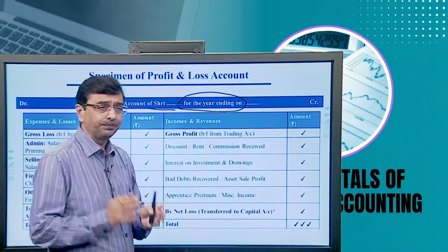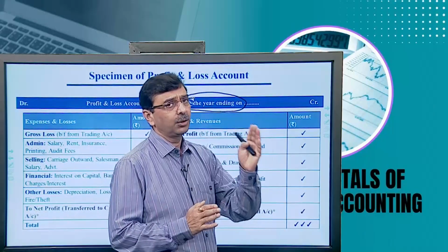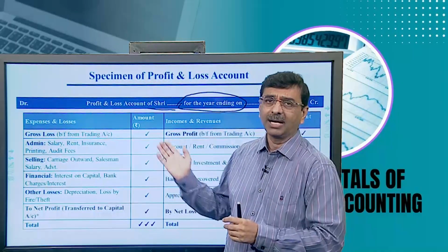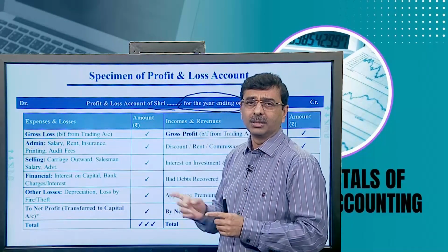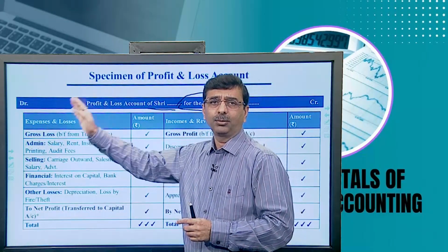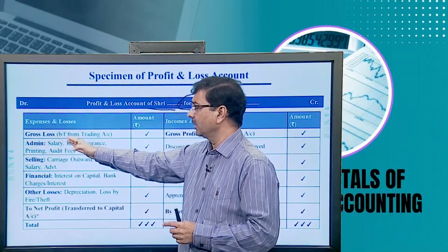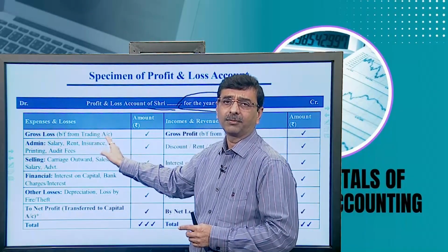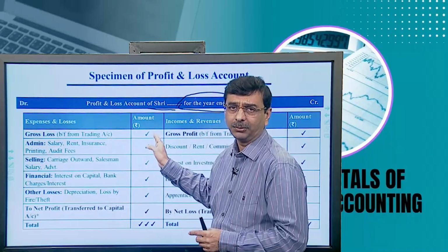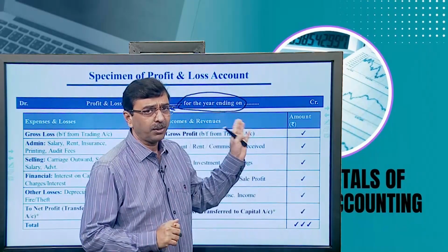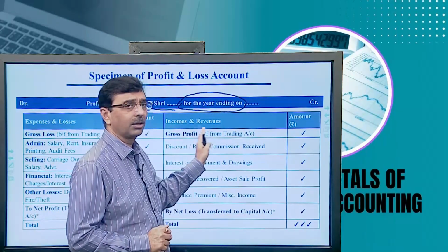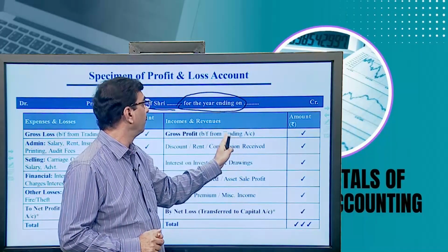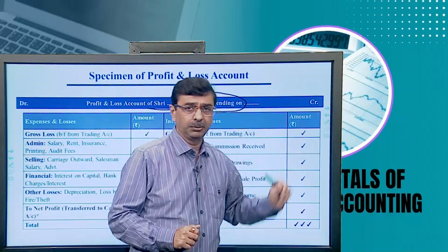Now the first item is the gross profit or gross loss, which has to be brought forward from the trading account. In case of a gross loss, it will be written on the P&L account debit side: to gross loss (brought forward from trading account). In case of a gross profit, it will be written on the profit and loss account credit side: by gross profit brought forward from the trading account.